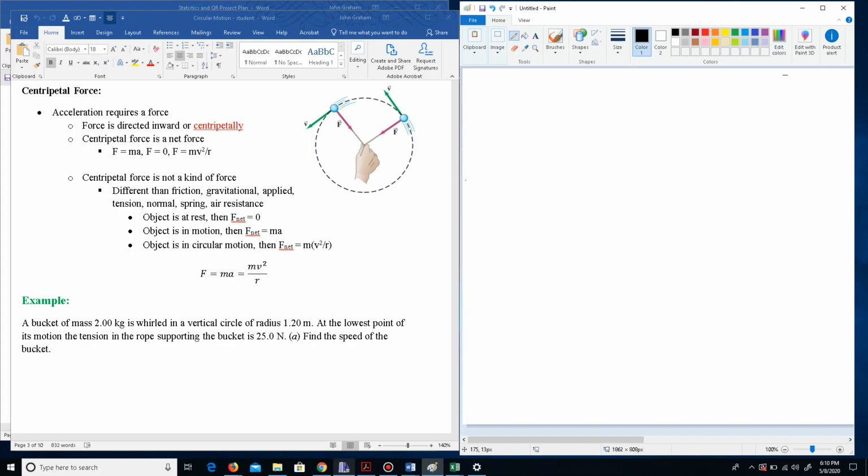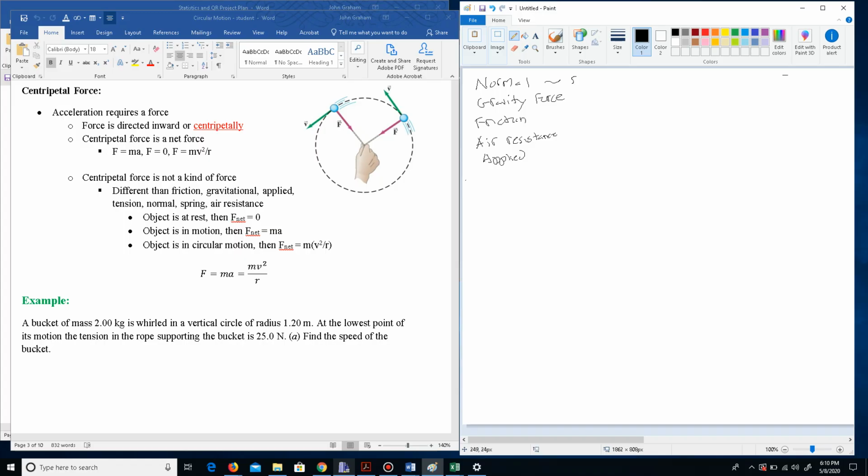And I just want to specify the difference here. Normal, gravitational force, friction, air resistance, even applied force, just to name a few of these. These all have some kind of source.